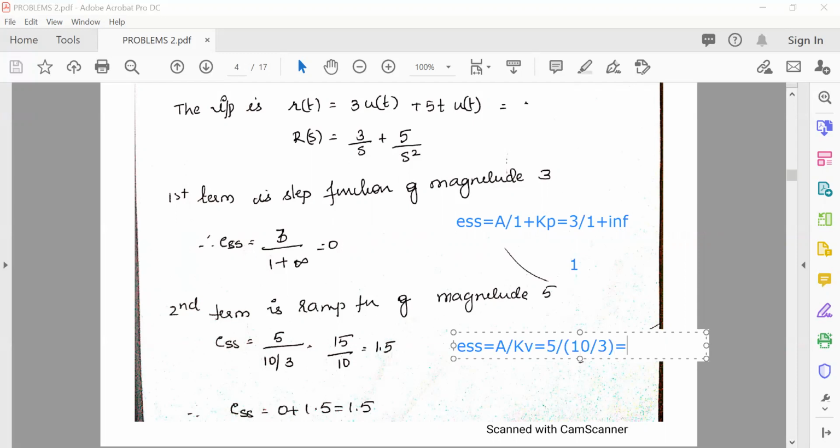That is equal to 15 divided by 10, or 1.5. What is the total value? Total ESS we add these two: 0 plus 1.5. The error will be 1.5 due to the input.